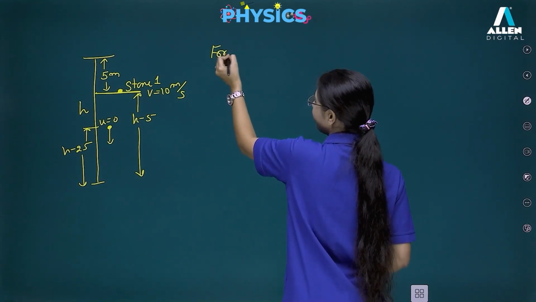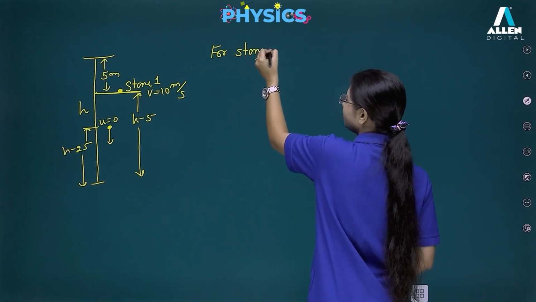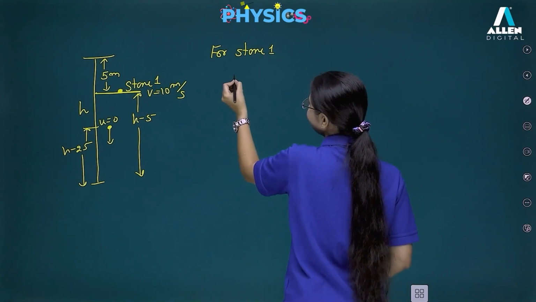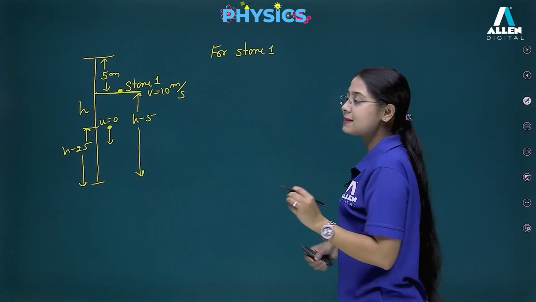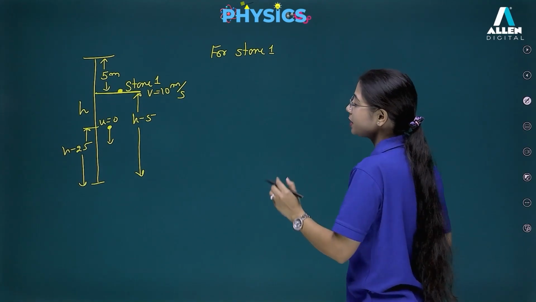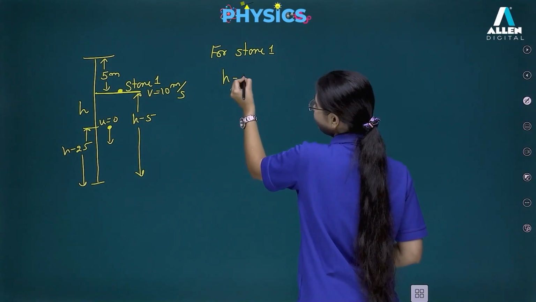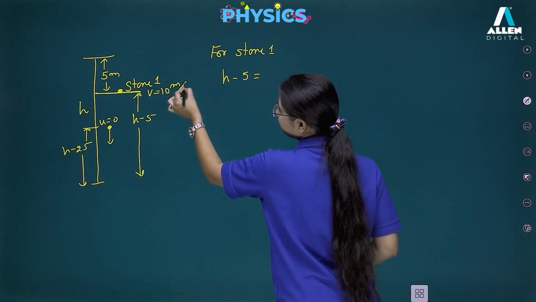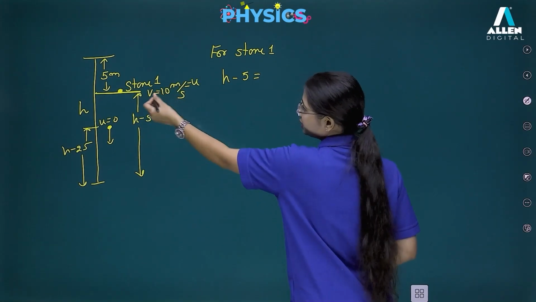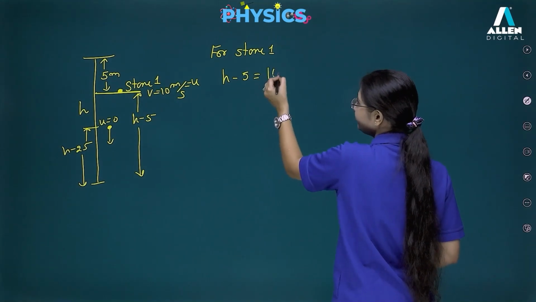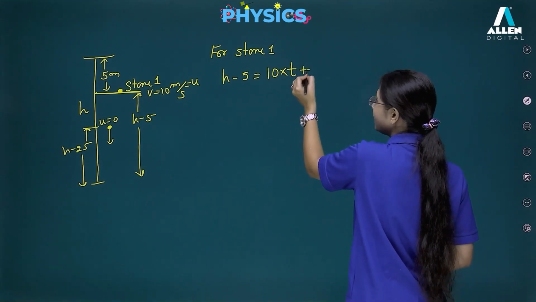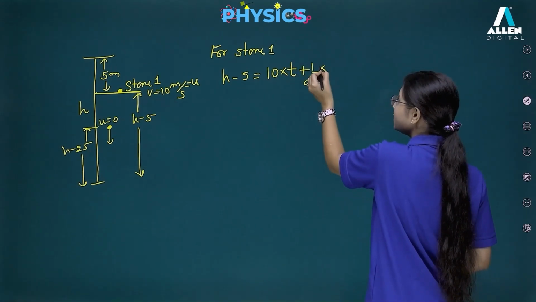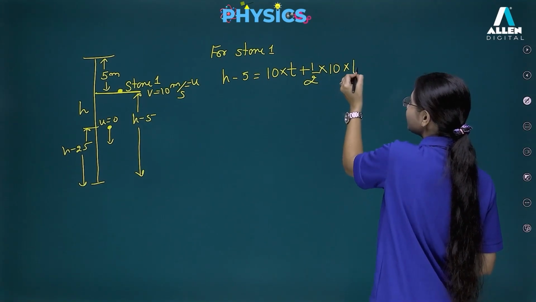So for stone 1, the second equation will be s is equal to ut plus half gt square. So here the distance is h minus 5 is equal to ut. So its initial velocity is 10. You can take this is u for this position. So u is 10, ut plus half, g is 10 and t square.